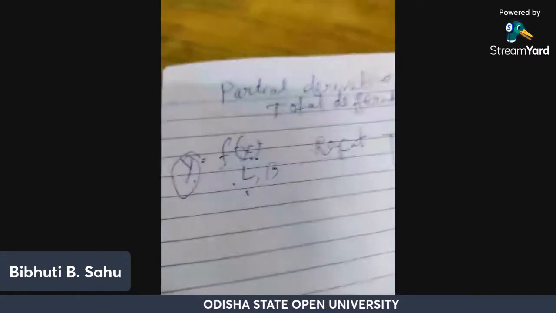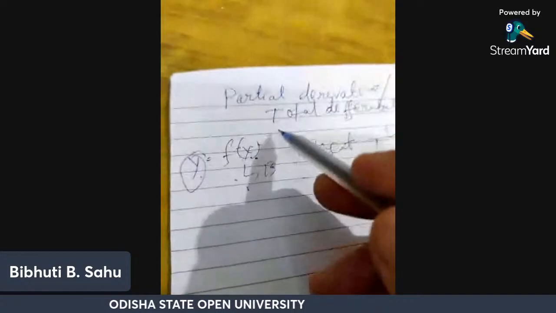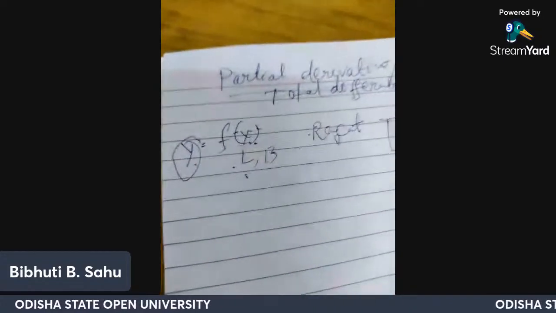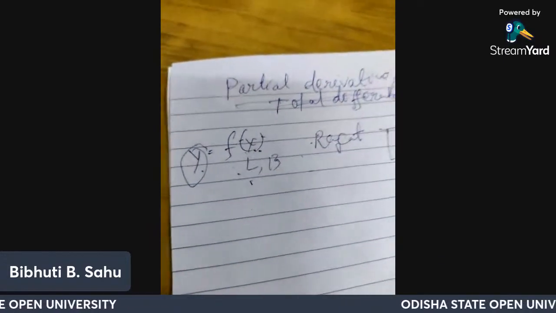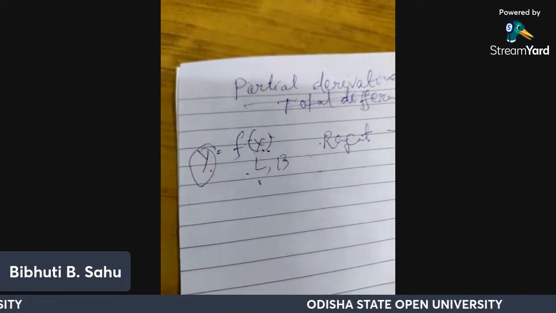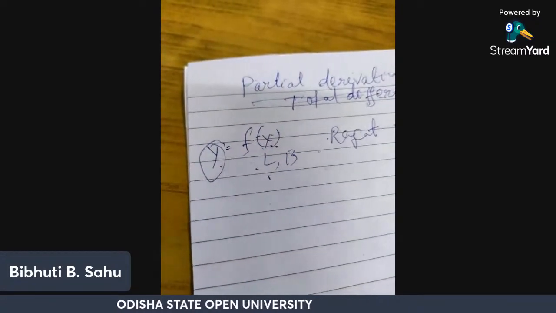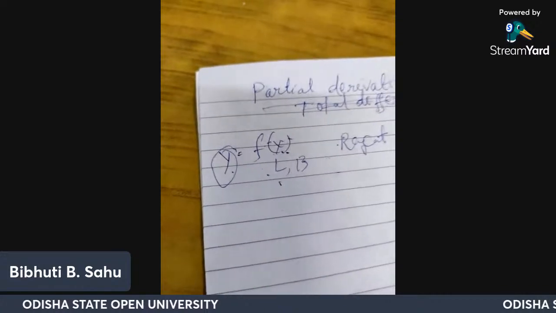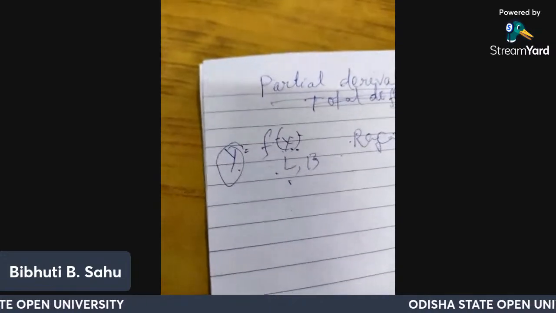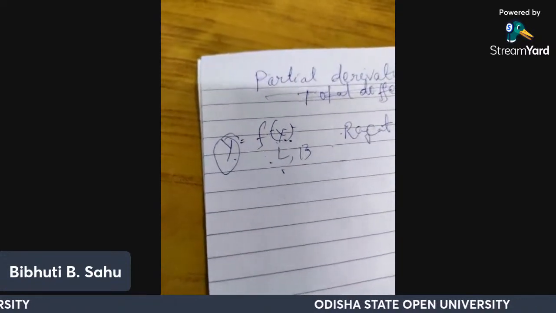And our objective in partial derivatives is to find out, due to the change in a particular variable, what will be the change in the dependent variable.